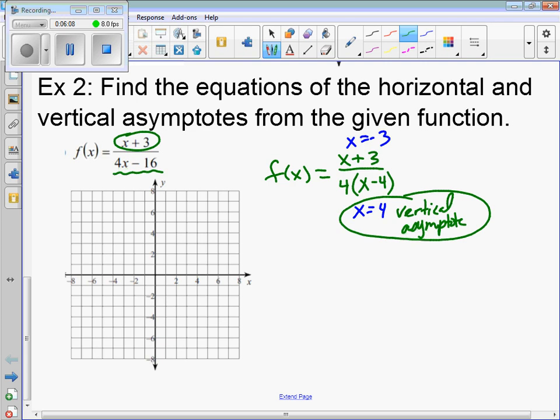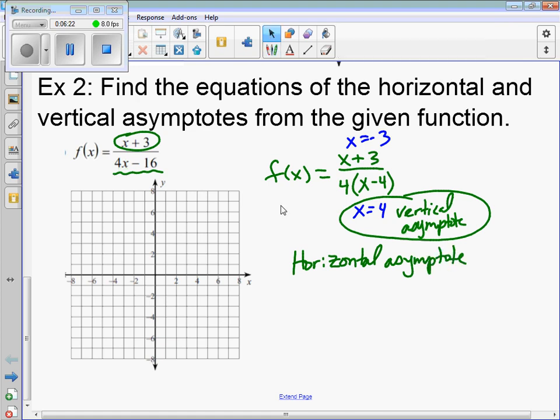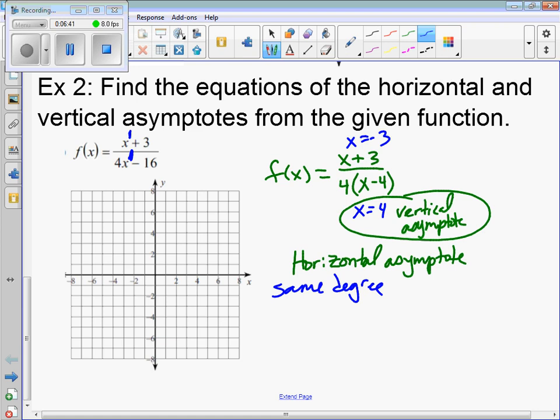So that's it. The horizontal asymptote: we're going to look at the original problem. The numerator's highest degree is 1. The denominator's highest degree is 1. So both degrees are exactly the same. Look back at the notes from the beginning.